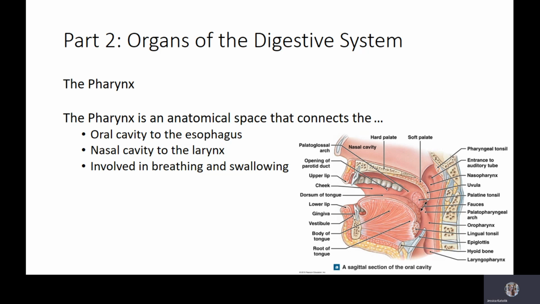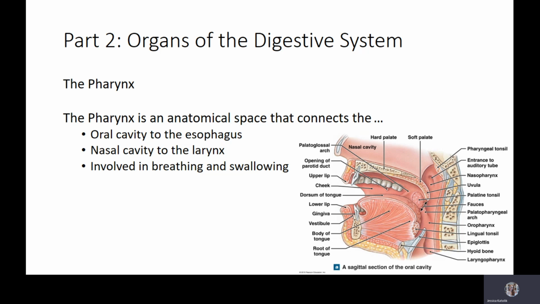But the pharynx is actually going to be coated in stratified squamous epithelial cells instead. And that's because this area is going to have to deal with the friction that is accompanied by swallowing food, and so it has to be abrasion resistant, and so having those many layers of cells is going to allow for that to function. So that's a little bit about the pharynx.